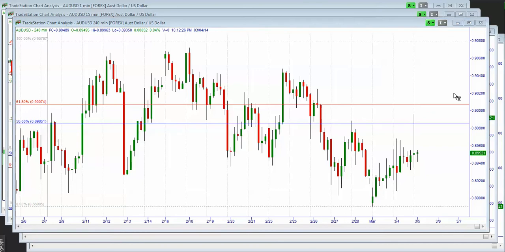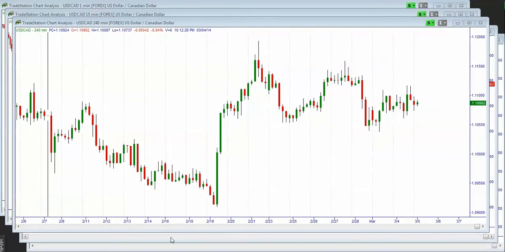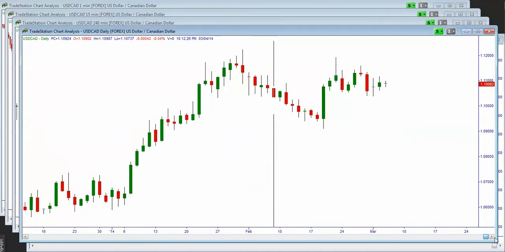090.08. Moving to the US dollar versus the Canadian dollar, the daily, it's not telling a lot to us.